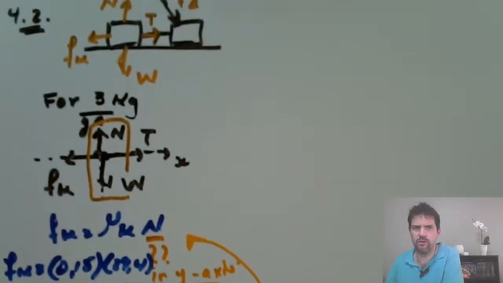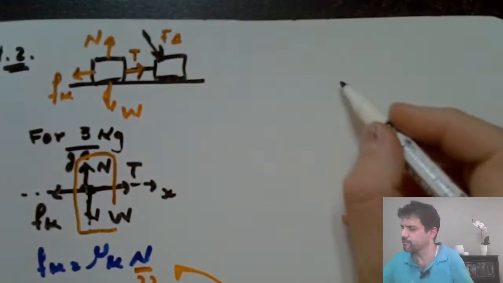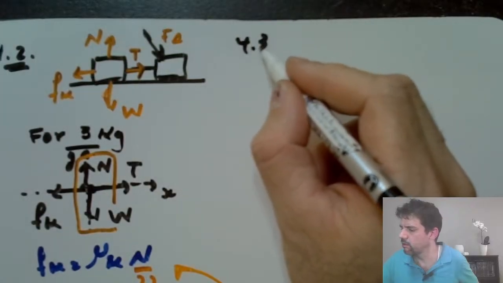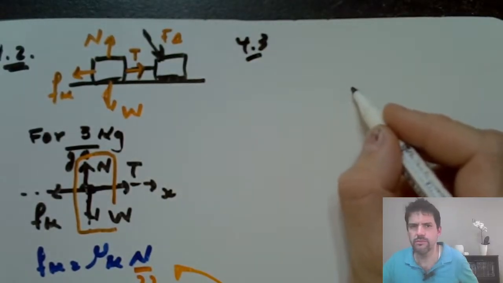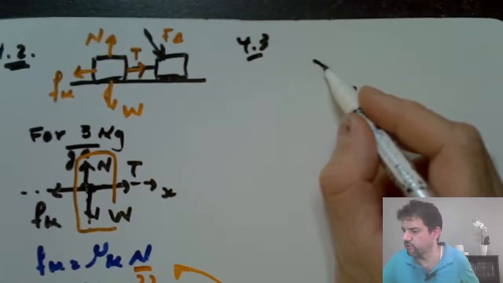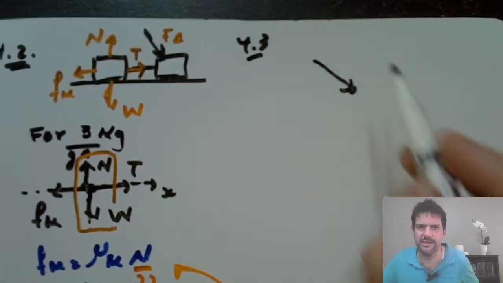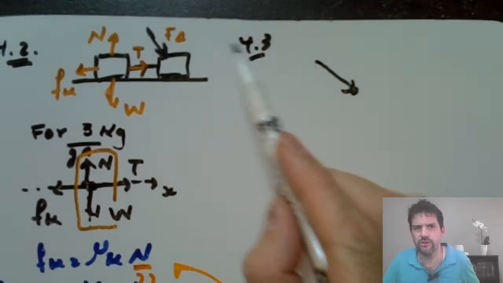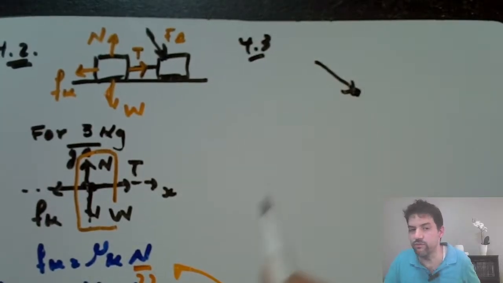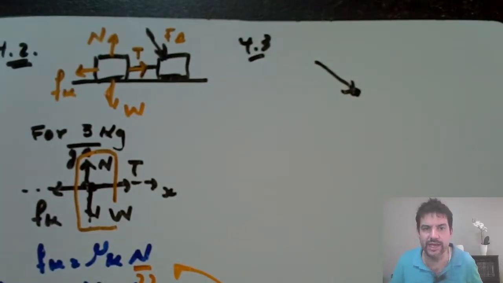This one is question 4.3. We're going to do it right here. The force that is in the picture is like this. But when we draw free body diagrams, we cannot draw forces towards the dot, but rather away from the dot.